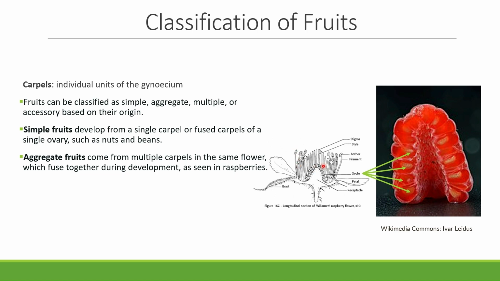So if you look at this image right here of the raspberry flower, it shows the stigma and the style are each of these individual ones here, and they each have their own individual carpels that are going to develop into their own fruits, and then they fuse together. And you see how it's shaped like a cone here. That is what creates this aggregate fruit. So raspberries show this pattern quite clearly, with each bump as a separate fruitlet from its own carpel.